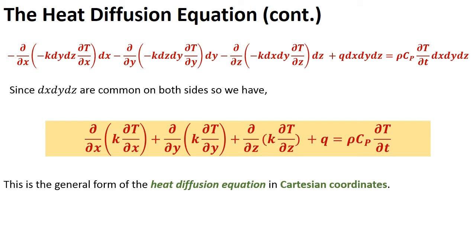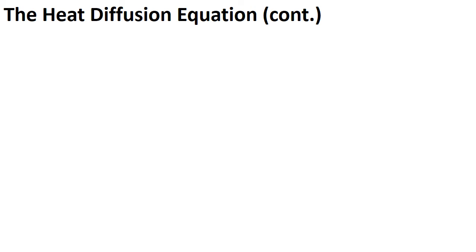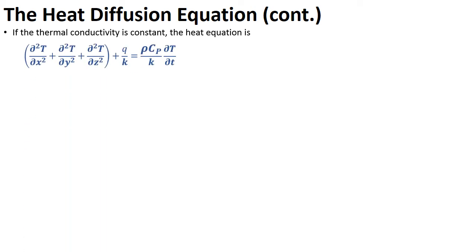Now we are going to discuss some cases. If we have a material having constant thermal conductivity, it means that we have an isotropic material. For isotropic material, we can write this equation as ∂²T over ∂x² plus ∂²T over ∂y² plus ∂²T over ∂z² plus q over k is equal to rho Cp over k times ∂T over ∂t.